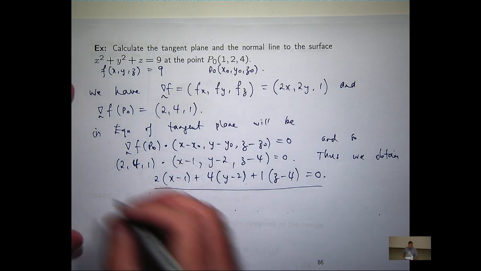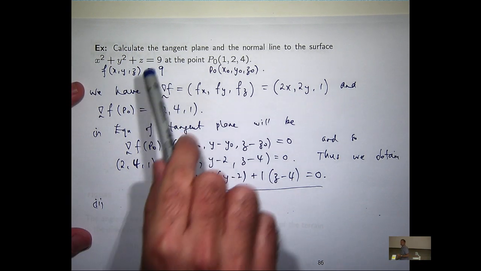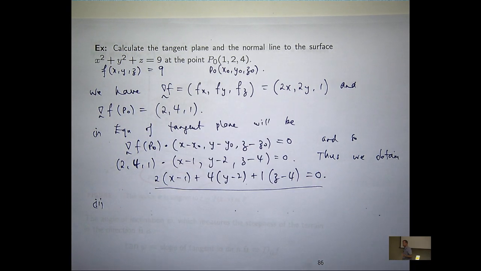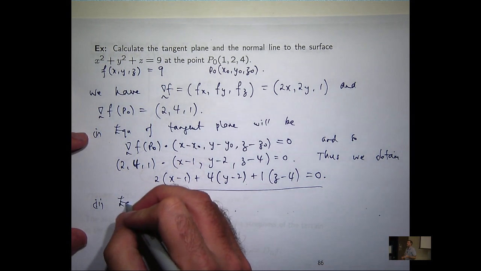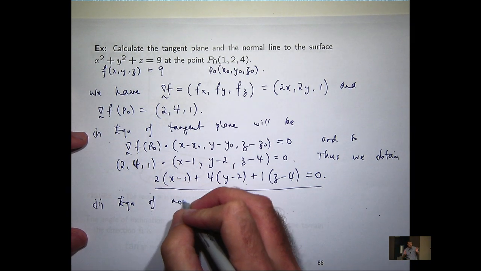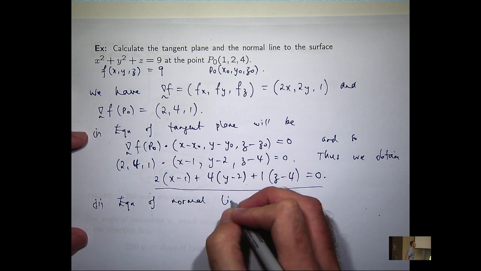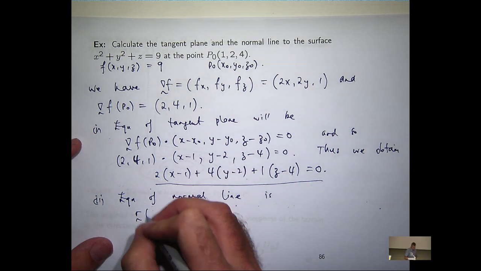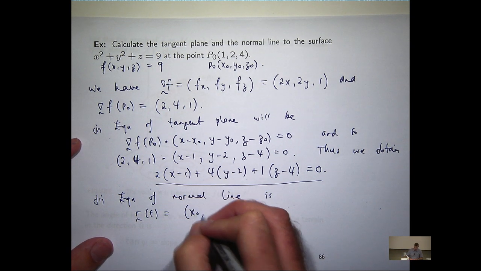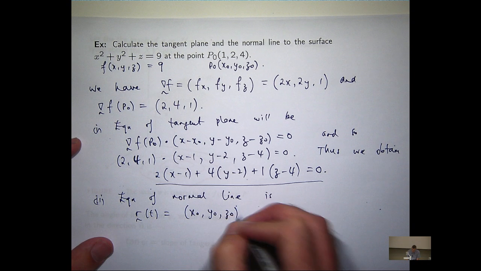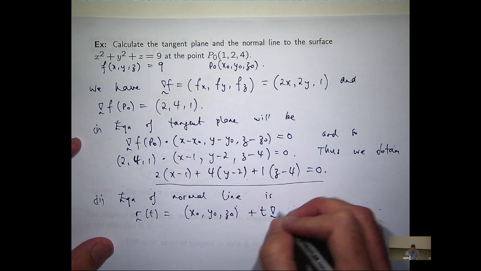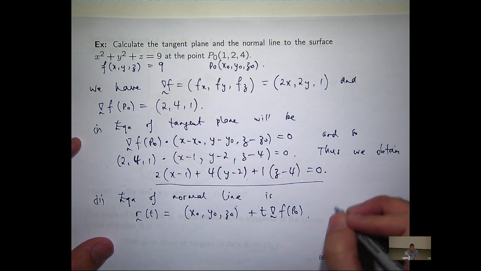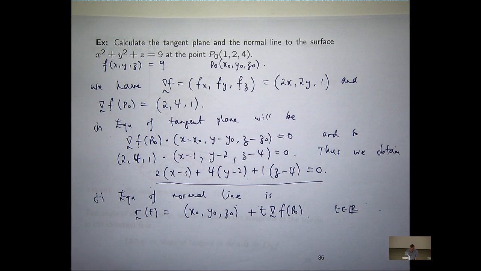Okay, what about the equation of the normal line at the point P sub naught? So here I've written down the vector parameterized form.